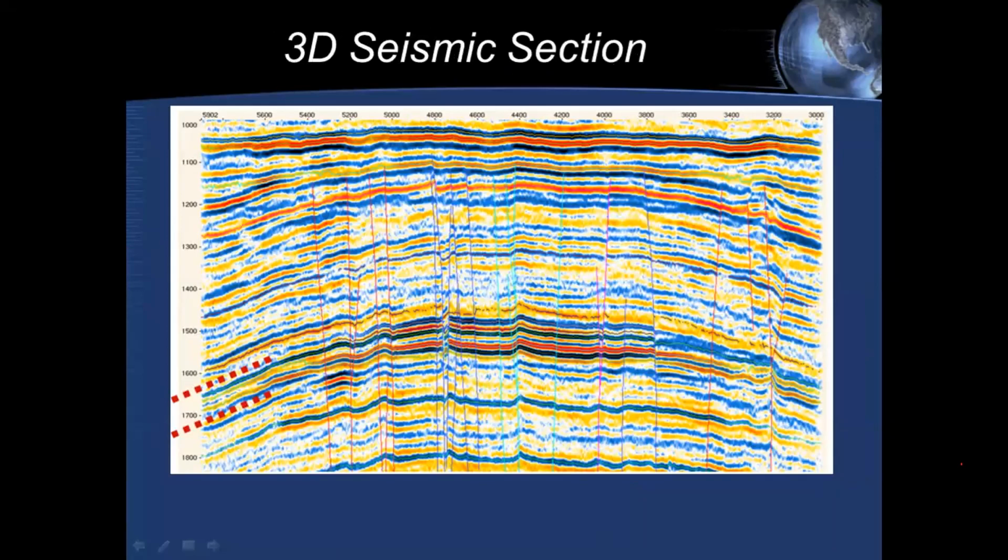This is related to the seismic. It's a cross-sectional view of the seismic. As you know, what we are looking for on the seismic, we have to identify which zone is our zone of interest, the formation that we are looking for.